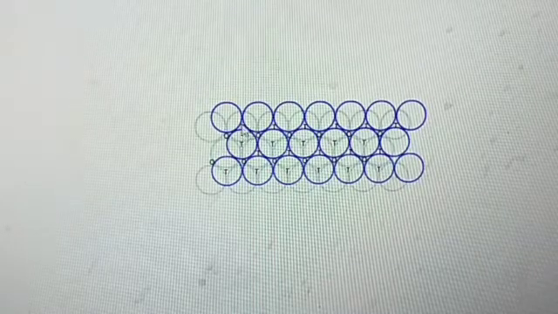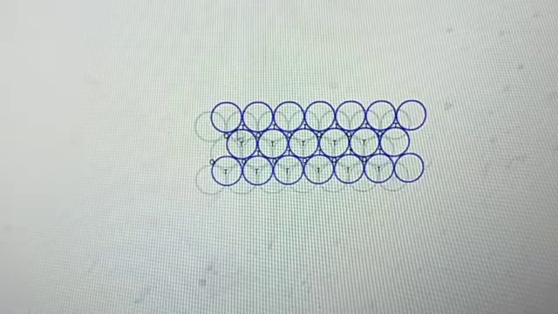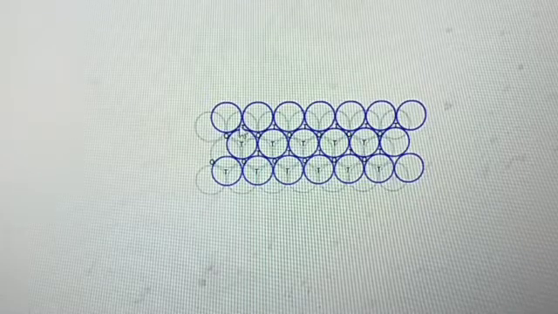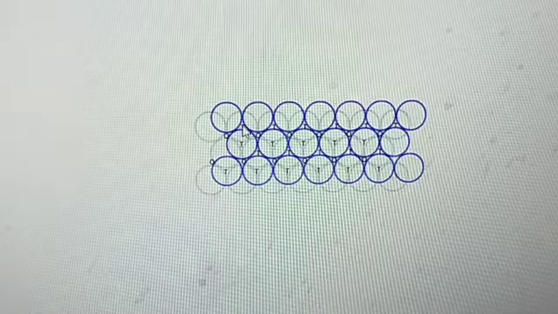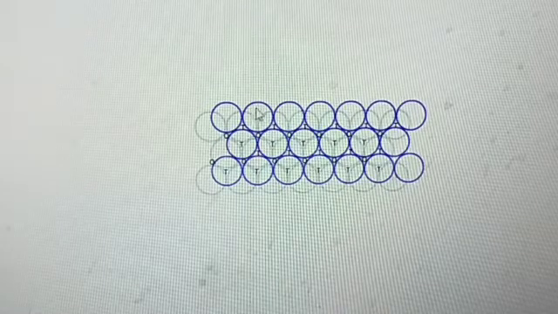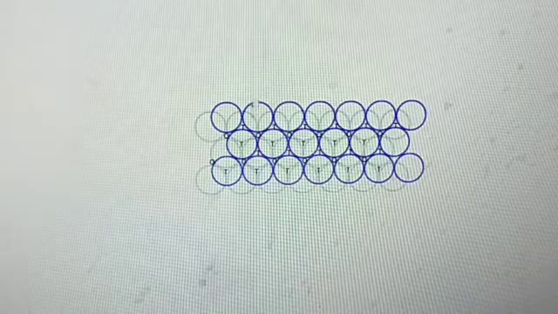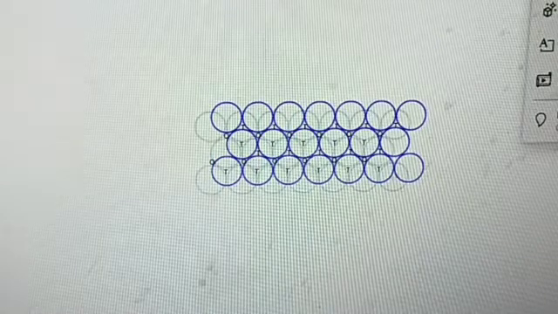What are the depressions? These gaps of the first layer. So this is the first layer. The second layer is arranged in such a way that the spheres are present in the gaps of the first layer. As these two layers are different, we can call this arrangement an ABAB arrangement.